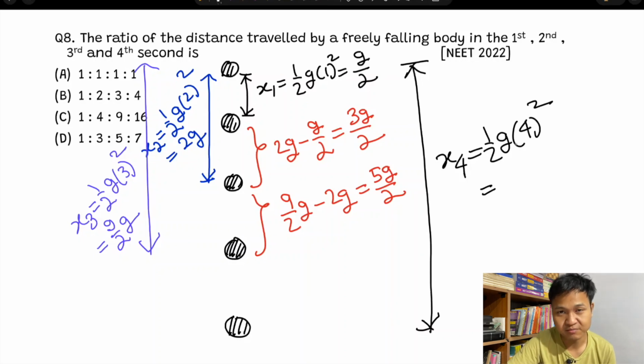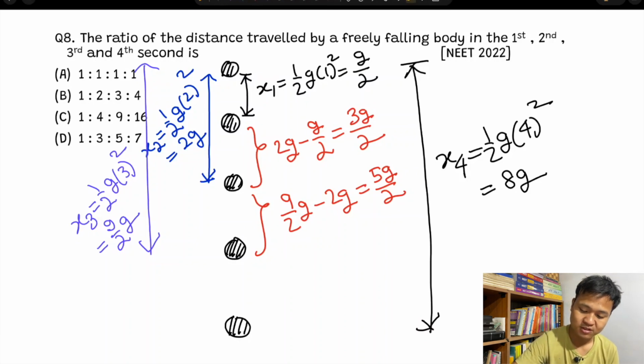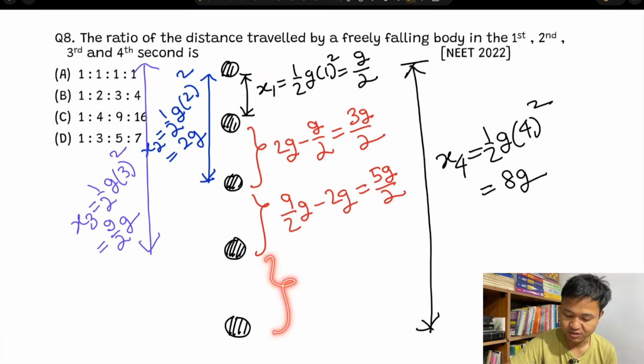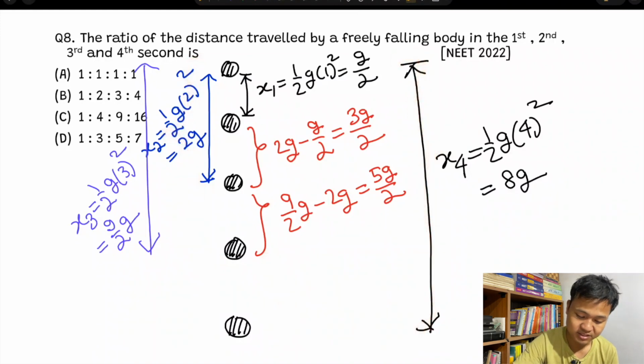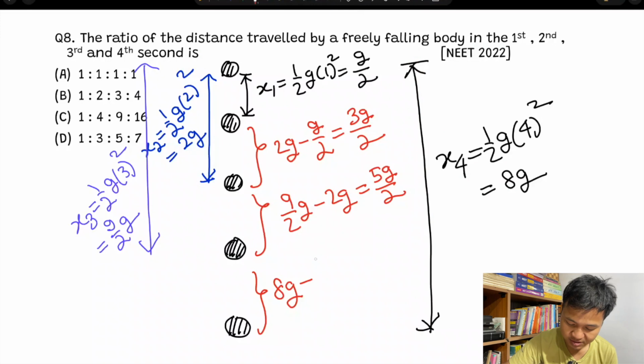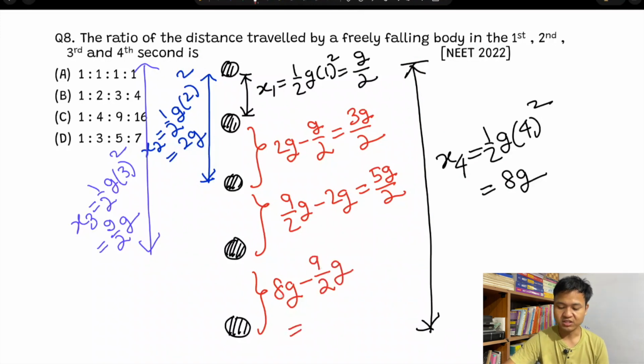For 4, 16 by 2 is 8z. Now in the fourth second, how do we find out? From this you subtract this. So from 8z you subtract 9 by 2z. So 8 twos are 16, 16 minus 9 is 7.